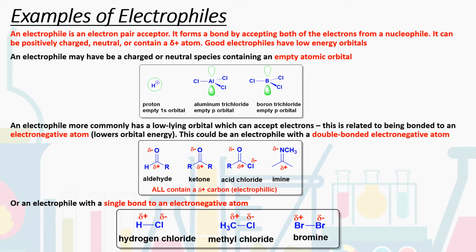More common examples might be aluminium trichloride or boron trichloride. This is where we have elements in group 3, the aluminium and the boron. As I said, in the BH4 example, to make that we started off with BH3, which would also be an example of this with an empty p orbital. But in the AlCl3 and BCl3 cases, we have our element in group 3 that has 3 electrons, say the aluminium, and 3 chlorines which each donate 1 electron in the covalent bonds, so we have 6 valence electrons around our aluminium.